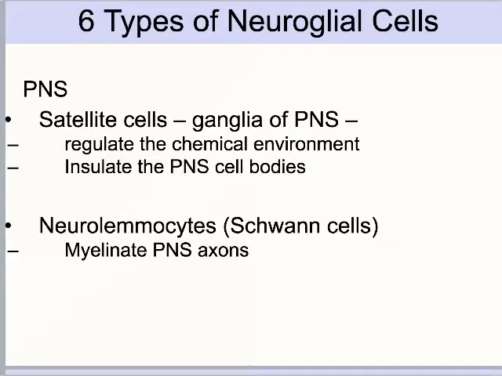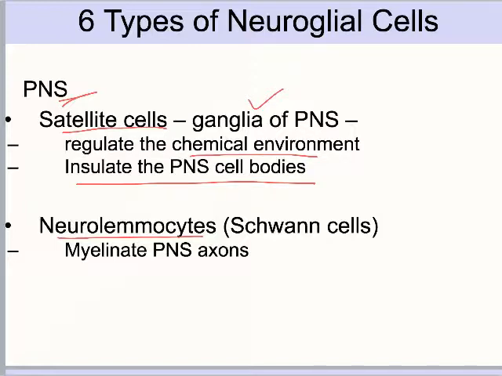Now in the peripheral nervous system, the glial cells are satellite cells and neurolemmocytes. Satellite cells are the ganglia of the peripheral nervous system. They're going to insulate the cell bodies in the PNS and regulate the chemical environment.